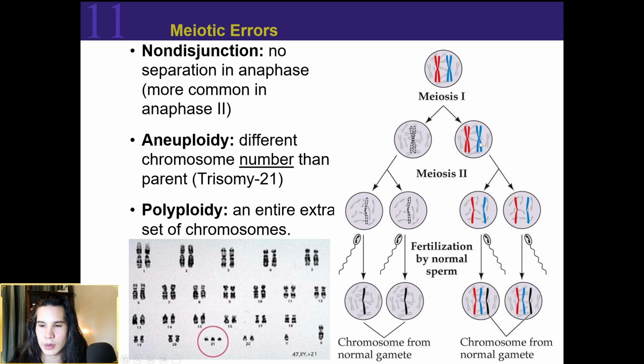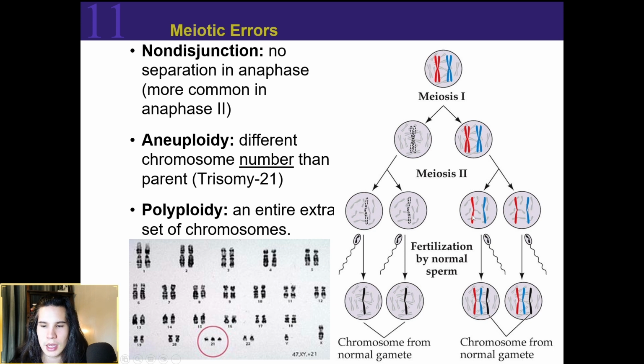Now, if we take it further, so we're going to complete meiosis. What happens is this cell completes meiosis, creating these cells that are supposed to have one of every chromosome number. So they're supposed to have 1 chromosome number 1 from either mom or dad, 1 chromosome number 2 from either mom or dad, and so on, up until you get to chromosome number 21, and instead of having 1 chromosome number 21, you have 2.